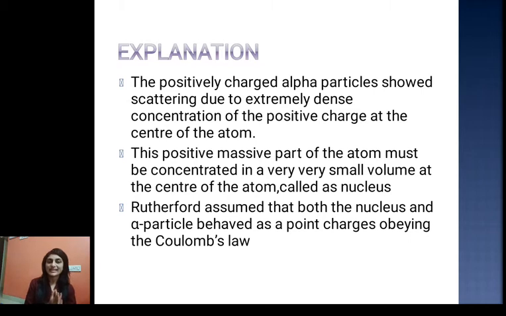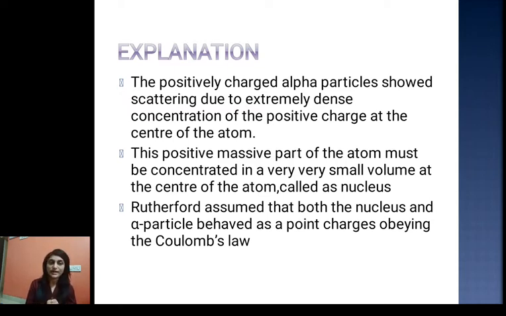So, what was the explanation for these observations? The positively charged alpha particle showed scattering due to an extremely dense concentration of positive charge at the center of the atom. This massive part of the atom must be concentrated in a very, very small volume at the center of the atom, which is called the nucleus.